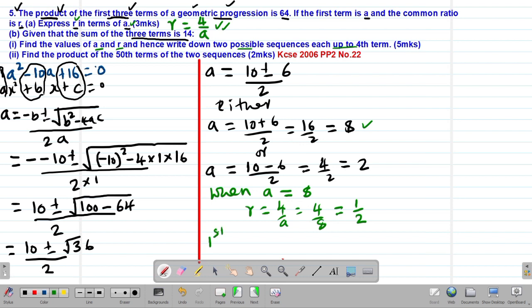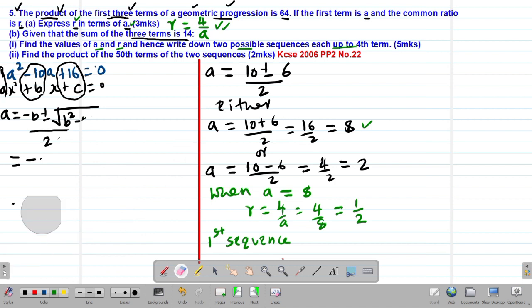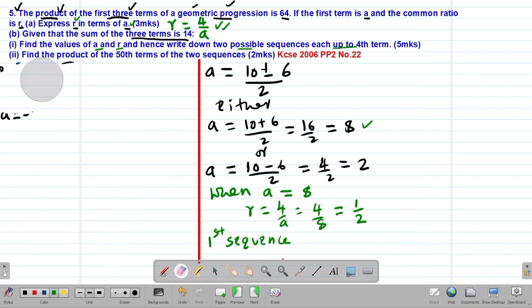So our first possible sequence will be given by the following. So we need to find the first term, the second term, the third term, and also the fourth term of that particular first sequence. So for us to get the first sequence, I'm simply going to find all the possible terms of that particular sequence up to the fourth term. So the first term, of course, is a.